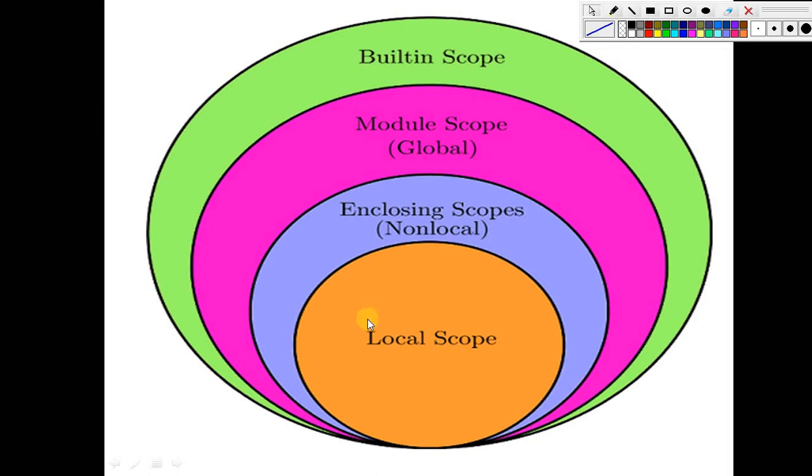Now, in this picture you can see that the local scope is the innermost scope, and the function which encloses that scope is called non-local, which is enclosed by the global scope, and above all comes the built-in scope.